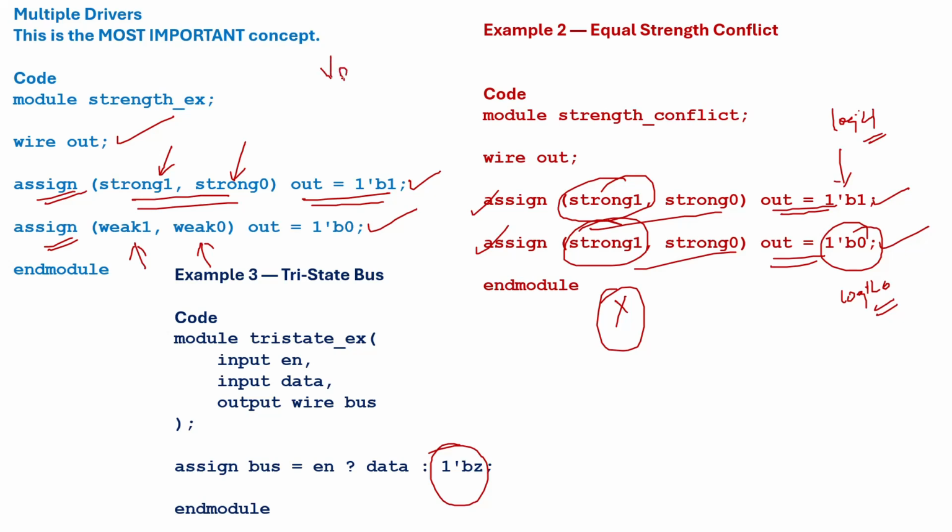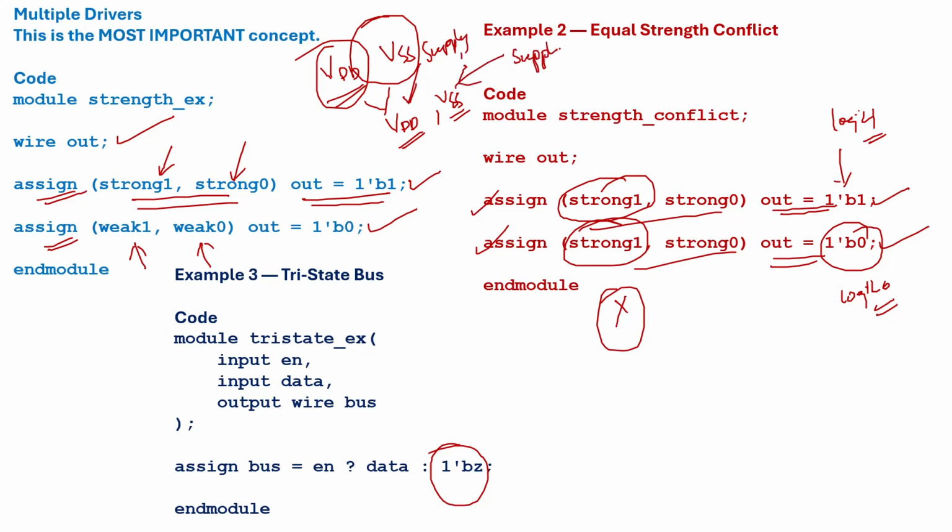Why am I saying this? Because of VDD and VSS. VDD and VSS are the highest priority, as these are the power supply rails: supply voltage VDD and ground voltage VSS. So this is supply 1 and this is supply 0, and they have the most strength. Don't confuse it with strong, because strong is also a construct here.